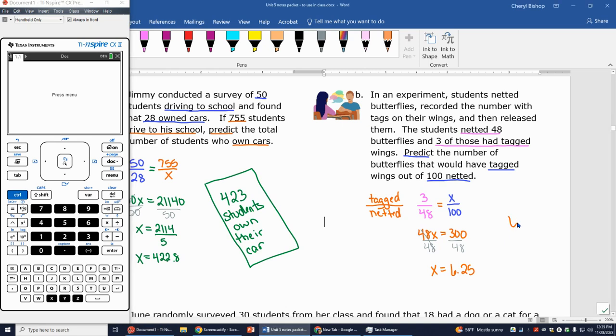So I'm going to predict 6 tagged butterflies. Now, that's not to say that if we net 100, maybe we'll have 10, maybe we'll have 20, maybe we'll not have any, right? This is just a prediction based on when I netted 48, okay?